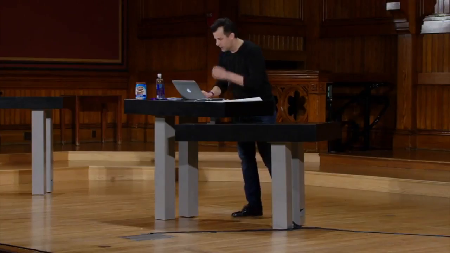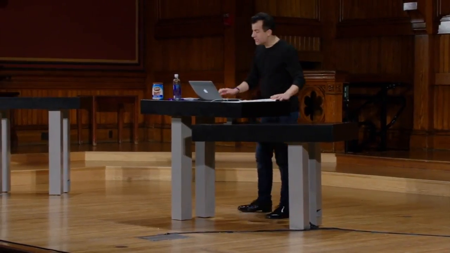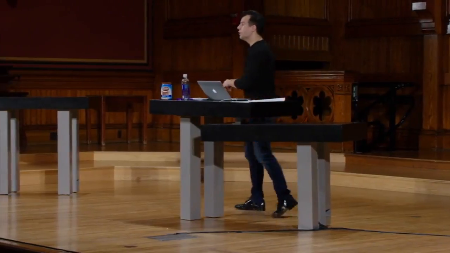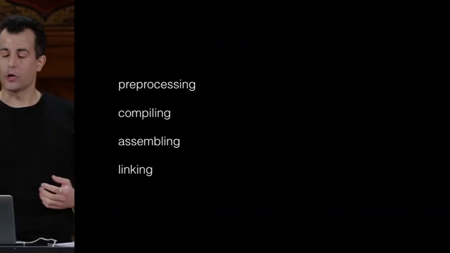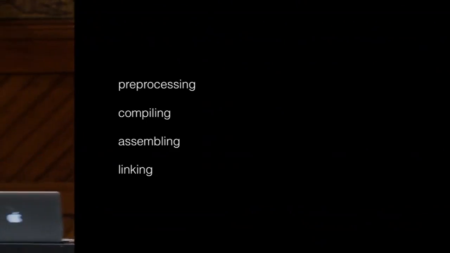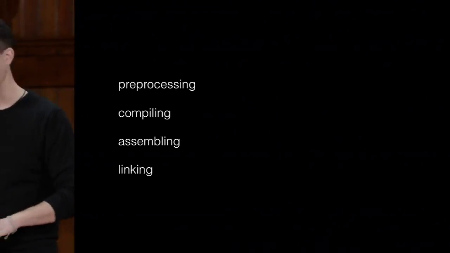All right, so what's going on then underneath the hood there? Well, it turns out that even though we can simplify the command structure, it's actually doing quite a bit for us. And this is the process of compiling, but that was kind of an oversimplification, or put more intelligently, like an abstraction. There's actually quite a few steps that go on underneath the hood, one of which is called preprocessing and compiling and assembling and linking.